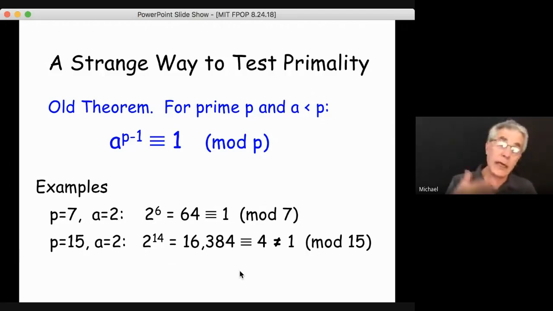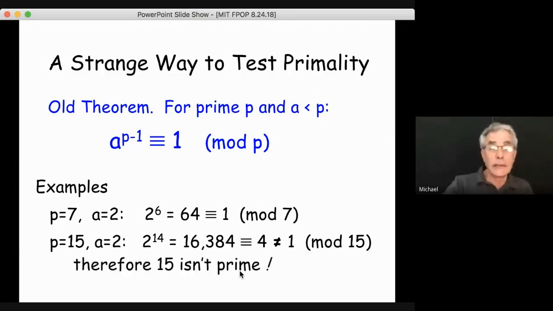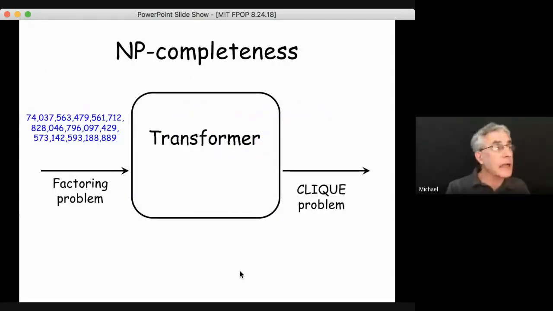Okay, so let me get on. I mentioned to you this notion of NP-completeness at the beginning. So this is really, in a sense, the only real progress that has been made in trying to understand whether or not P equals NP.